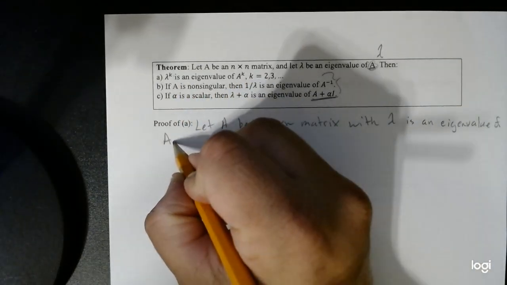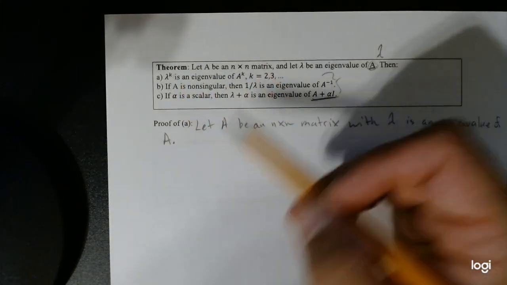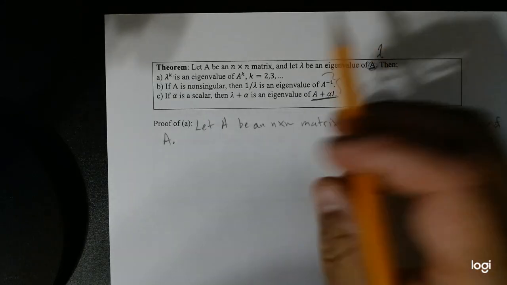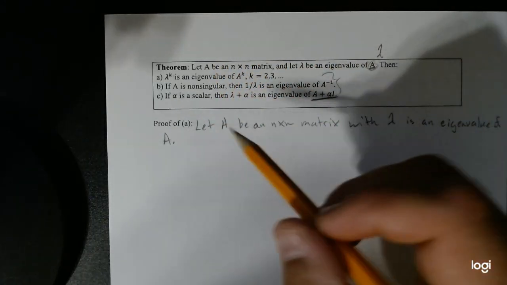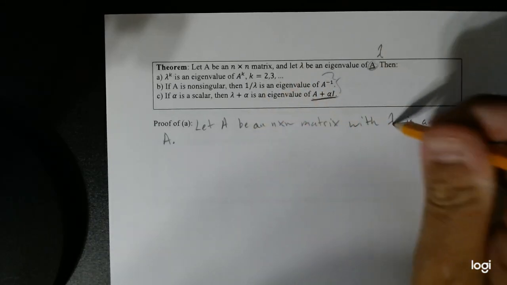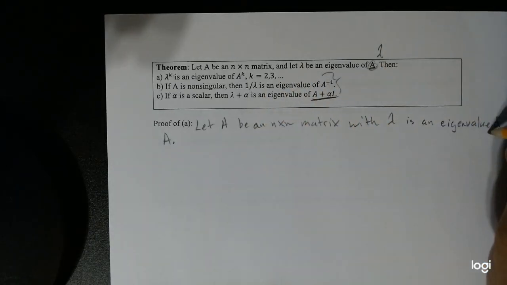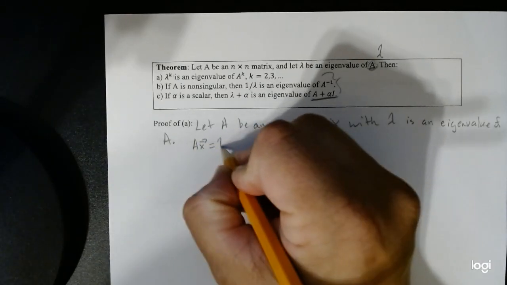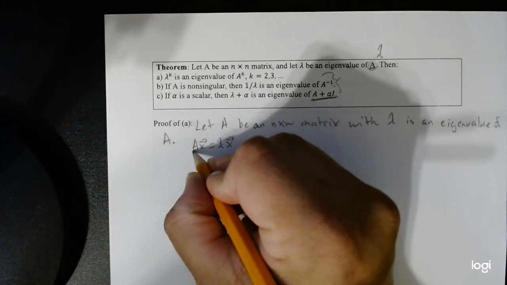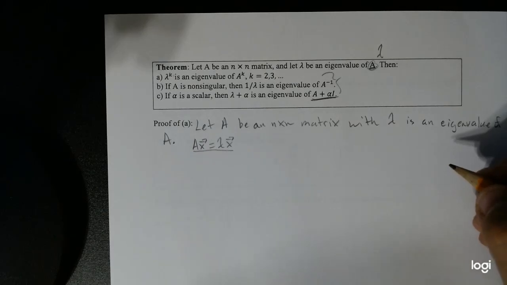Now, when it comes to a proof, this is a proof of a theorem, you can see it anywhere, but in general, what you really want to do is start, okay, what does that mean? Okay, so knowing that this is an eigenvalue of that, this is saying that Ax is equal to lambda x, right? That's the basic definition of what an eigenvalue is.